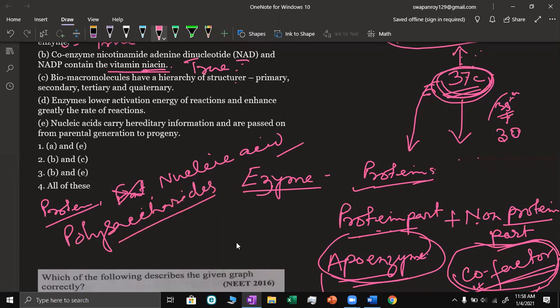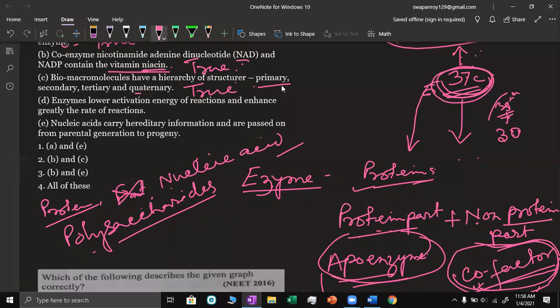They are the macromolecules. And particularly the polysaccharides and proteins have a hierarchy in their structure. Hierarchy means they have a primary structure, secondary structure, tertiary structure, quaternary structure, or some have primary, secondary, tertiary only. So different levels of structural organization are there. This one is also true.